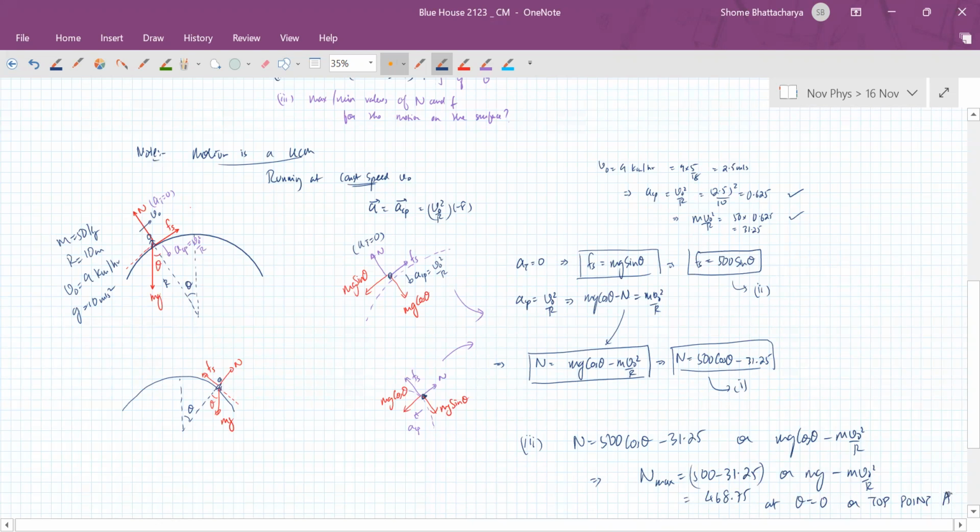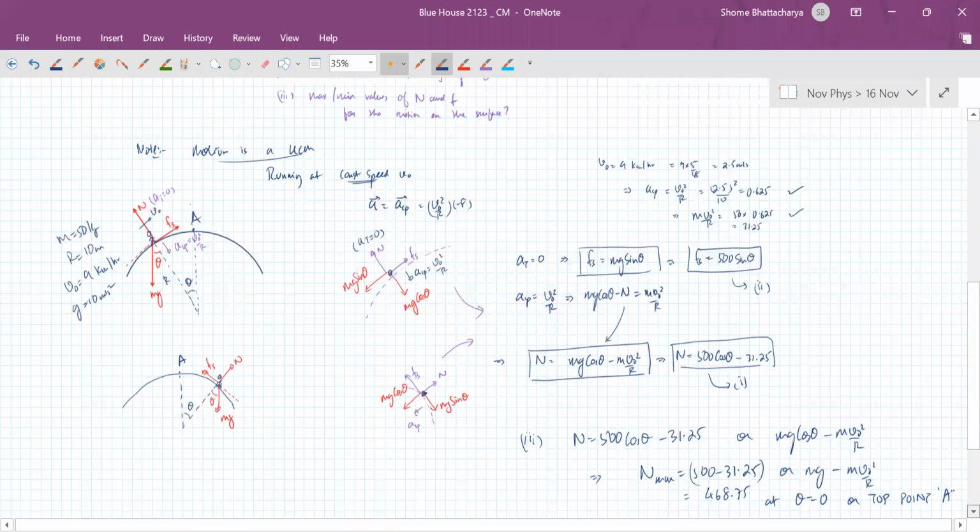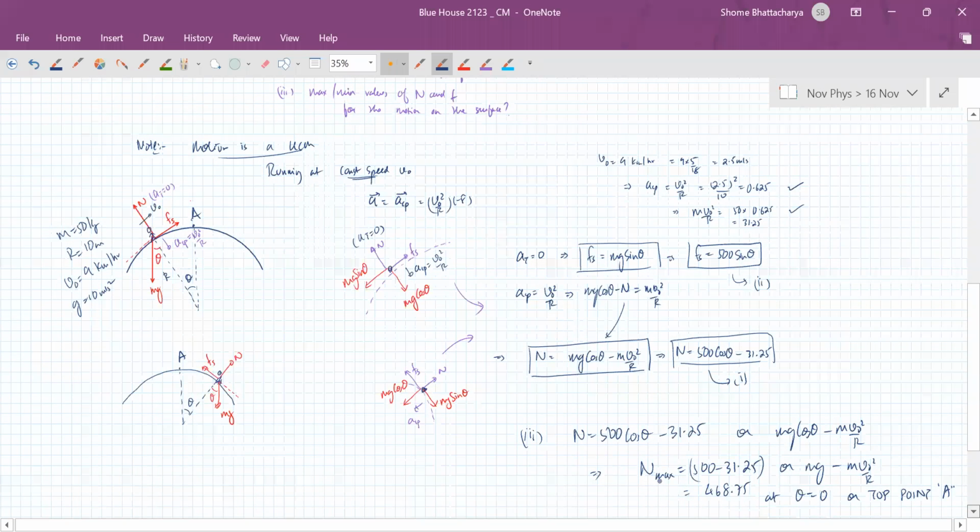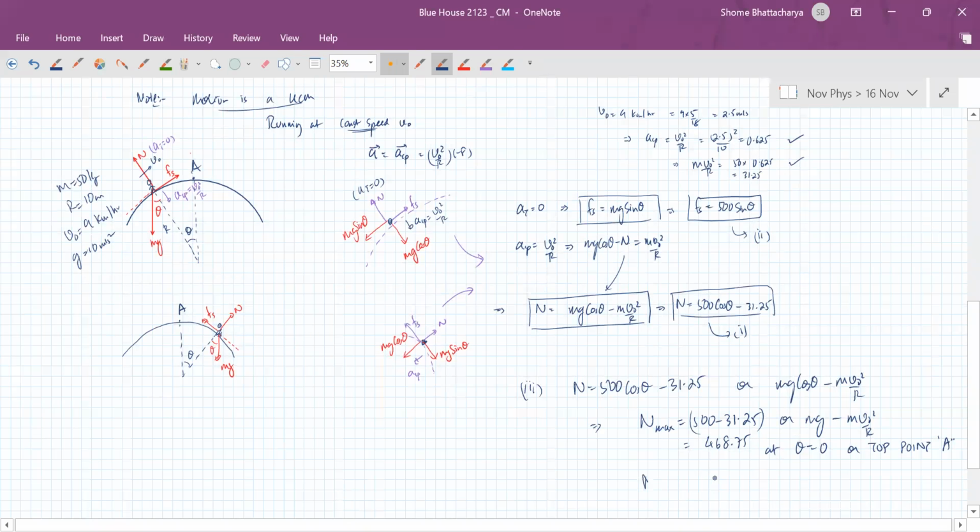Call that E. So E is this point. Whereas N's minimum value will be 500 cos 30 degrees, whatever this comes out to be finally.